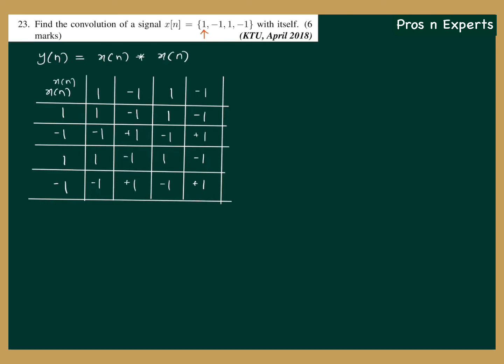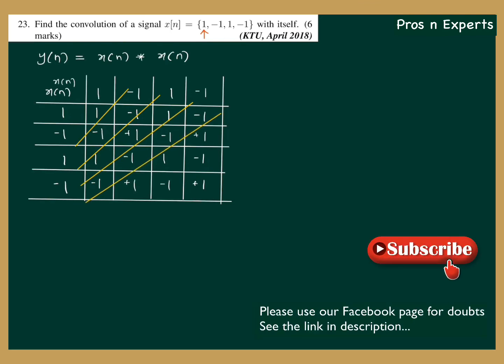Now what we do is arrange it diagonal-wise. This one sample, these two values diagonally, here these three values diagonally, and all these four values in a group, and these three in a group. All these product values are diagonally separated.